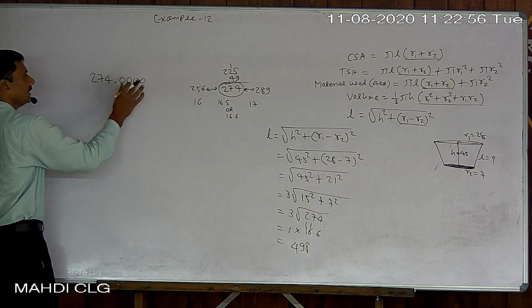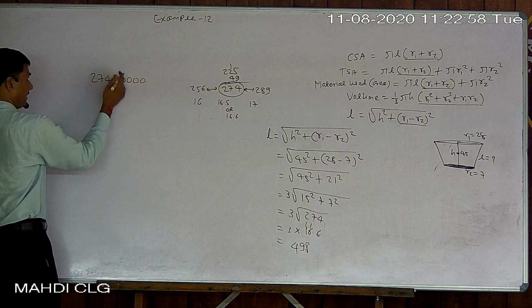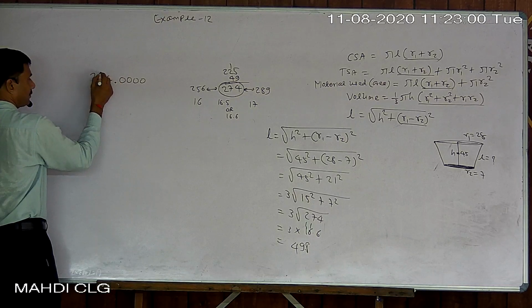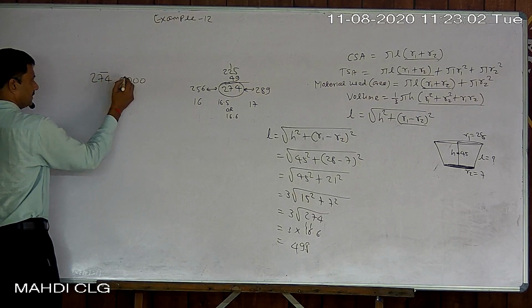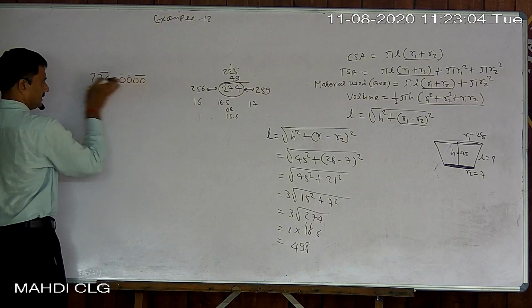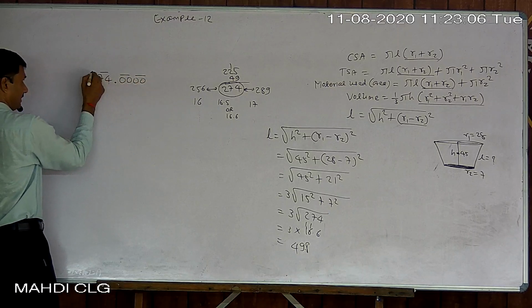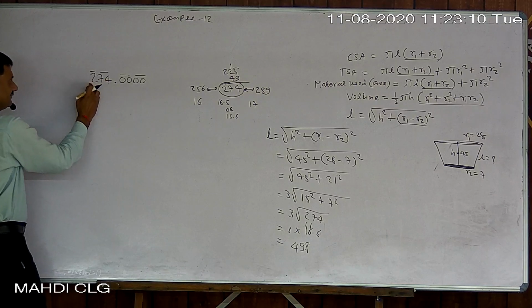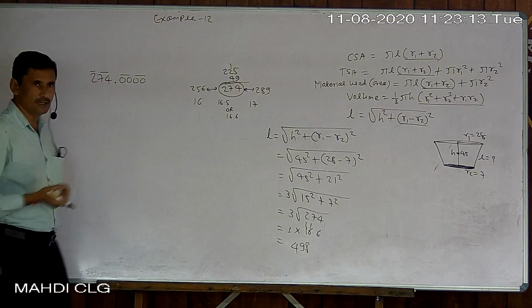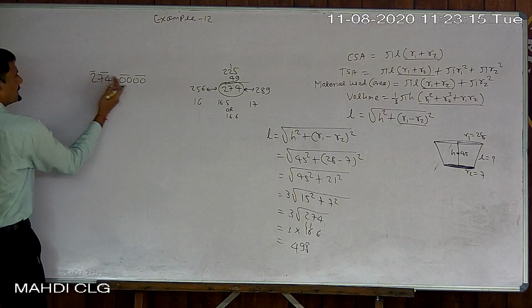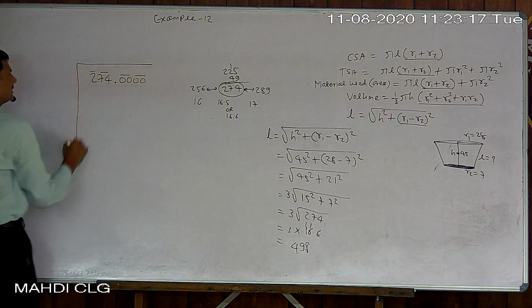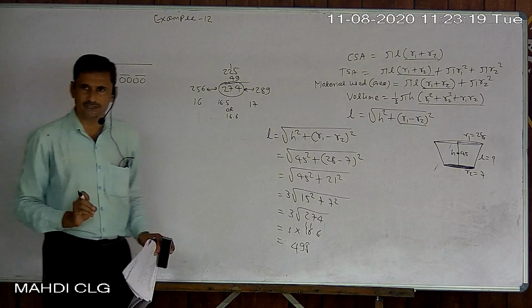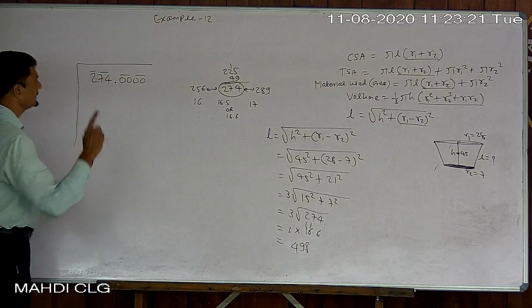Now make pairs from here, pairs of 2 digits. So this first pair, this with 2 pair. If 1 digit is left, just write it down. In the first pair, if only 1 digit is left, then take it single. Otherwise, in pairs only you have to start first of all. This is just like division, but not actually division. So first point, make pairs.